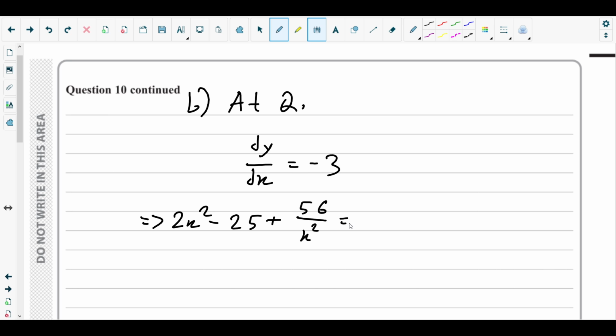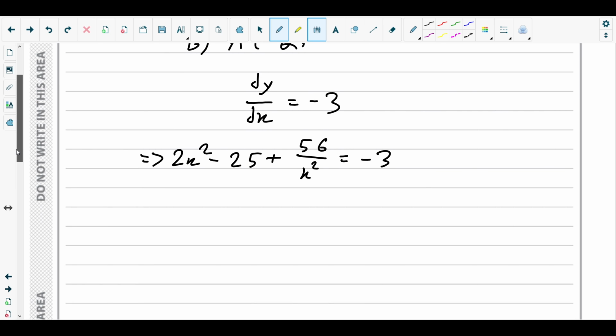This can be written as equal to negative 3. Fine? Okay. So what we can do now is multiply both sides by x squared. If you multiply both sides by x squared, what will you get?